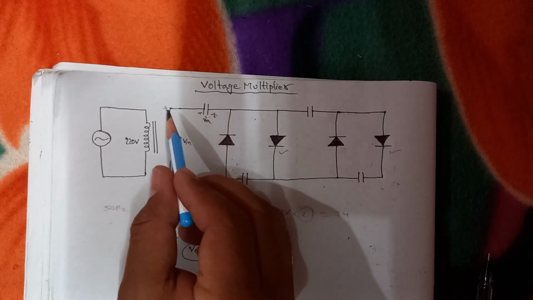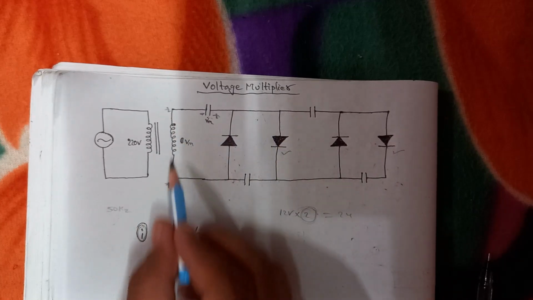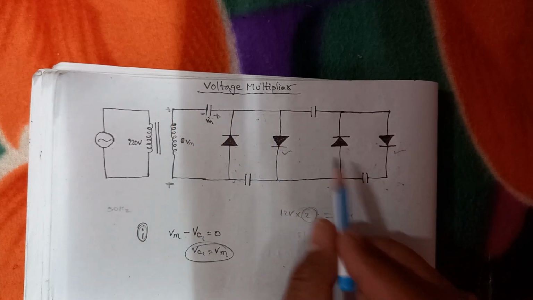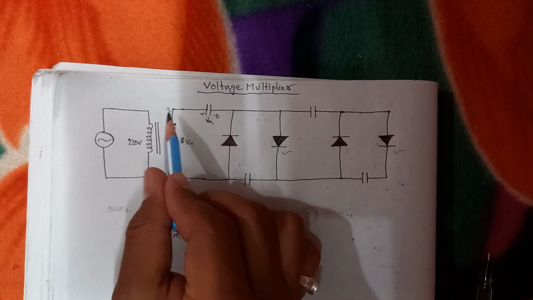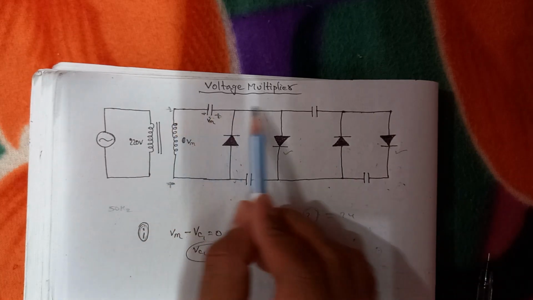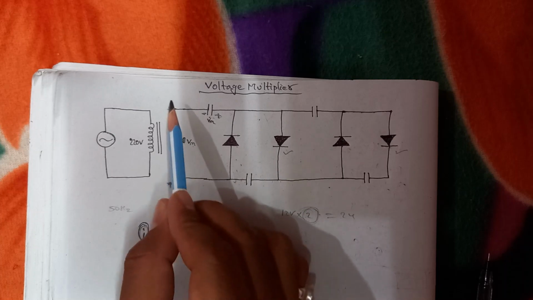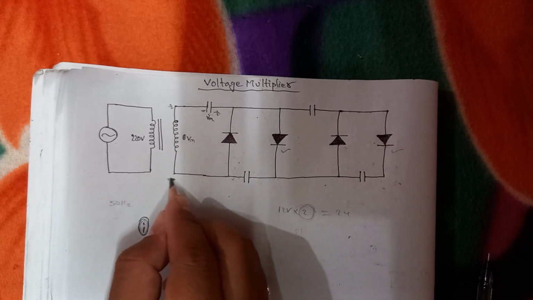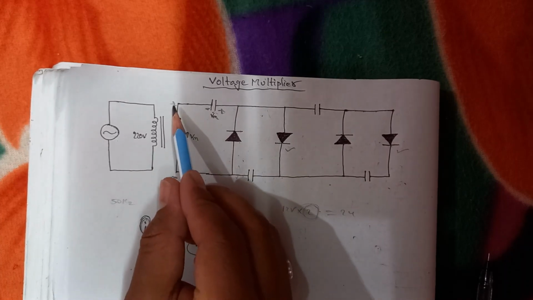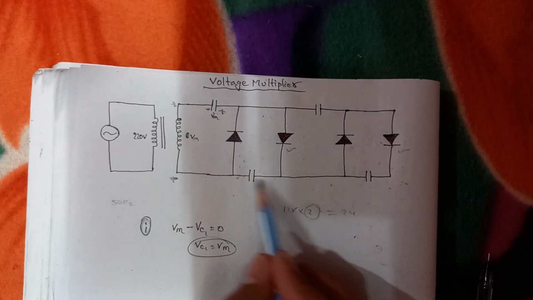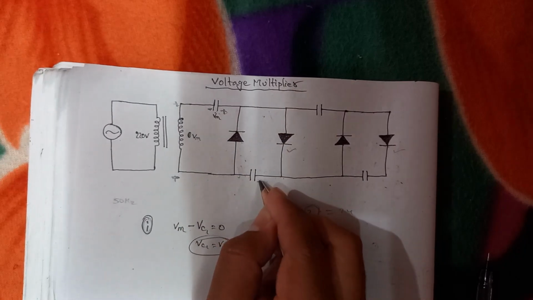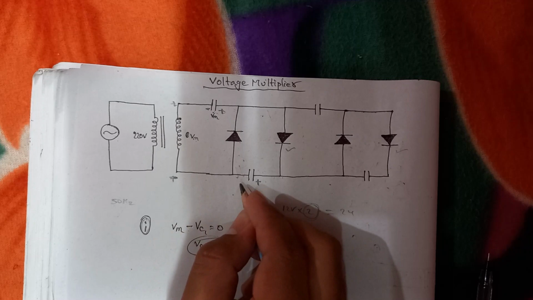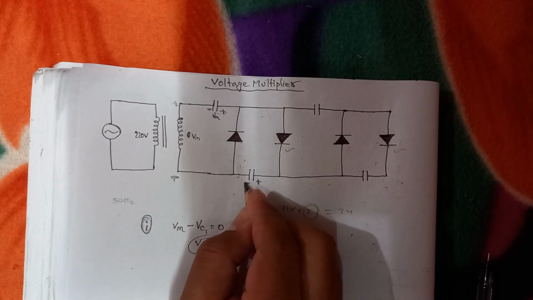Now if we look at this one compartment, we'll forget about the other part. In this compartment, this is negatively charged and this is positively charged. Positive charge is coming from here and accumulates in this capacitor, and negative charge coming from here accumulates in this capacitor.